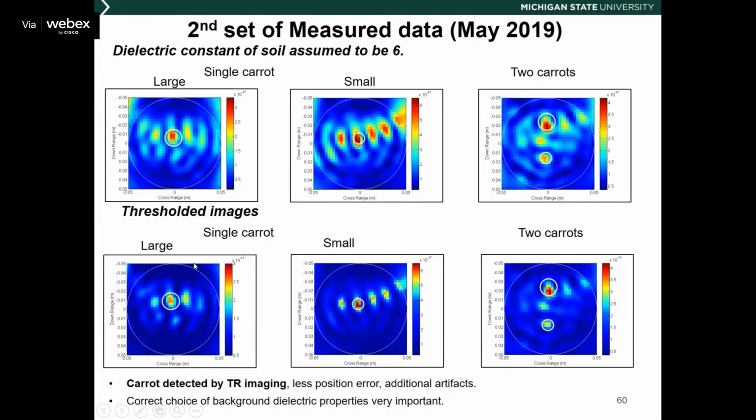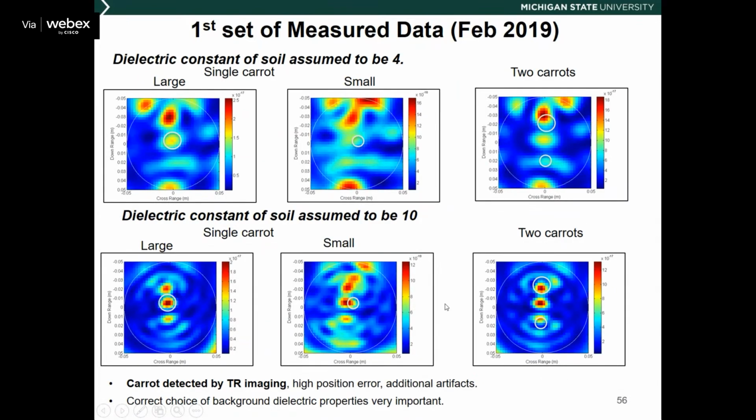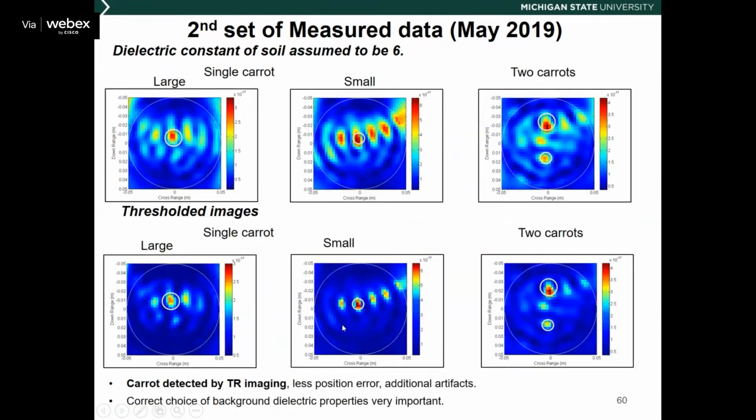The position error is definitely better than what we've seen before, right? This one is way off, right? And even if you choose the right soil parameter, there's still some large error there. But in this case, you have much better position accuracy, though there are still some artifacts showing.